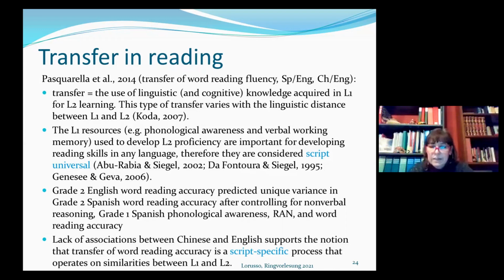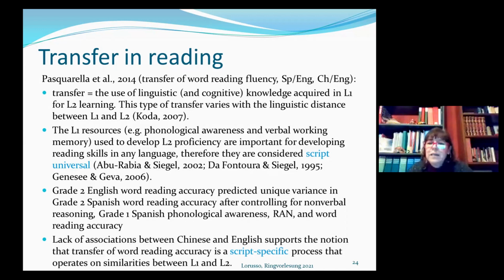They found that the lack of associations between Chinese and English, which was found instead for Spanish and English, supports the notion that transfer of word reading accuracy is a script-specific process that operates on similarities between L1 and L2.